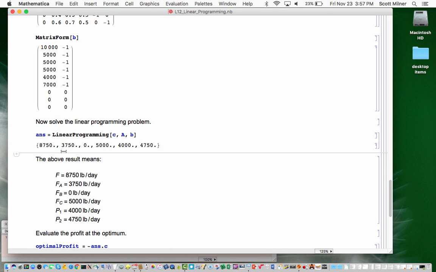So it says total feed 8750, of which 5,000 goes to unit C, maxing it out. That's as much as you can put in. And remember, we argued that the expectation would be give all the feed you can to the most efficient unit, the one that produces the most of the high value product, and then feed the other ones in turn.